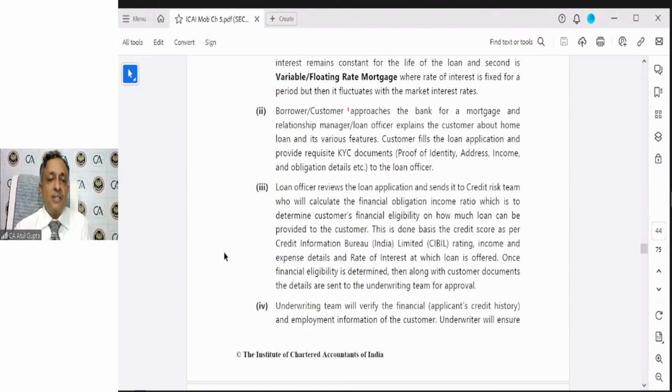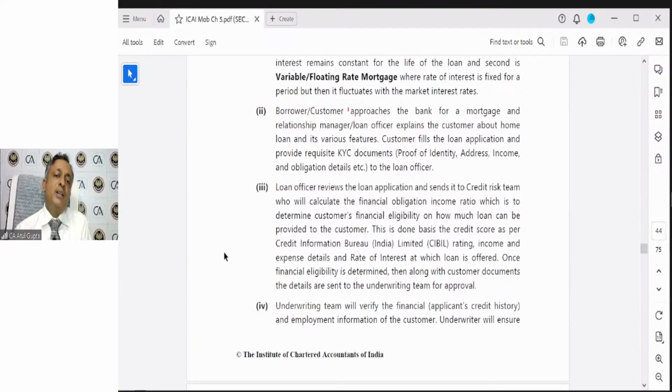The loan officer reviews the loan application and sends it to the credit risk team, who will calculate the financial obligation to income ratio, which determines the customer's financial eligibility, on how much loan can be provided. This is done on the basis of credit score, that CIBIL score we talked about, other income and expense details provided, and the rate of interest at which the loan is being offered.